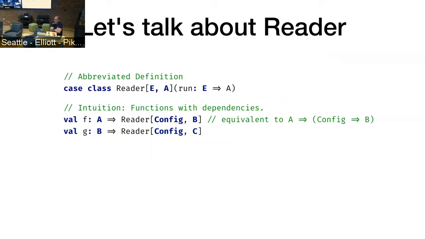So E is for environment. It needs some sort of configuration in order to compute its A. So if we had a function F: A to Reader of Config B, and then G, which is B to Reader of Config C, it's almost just a kind of currying. It's equivalent to A to Config to B.